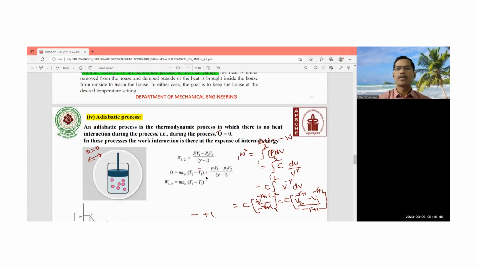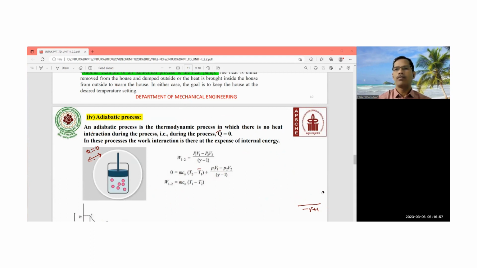So when you solve this particular expression, finally you will get the work transfer relation as P1 V1 minus P2 V2 by gamma minus 1.